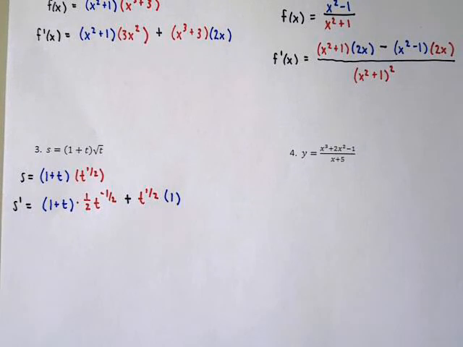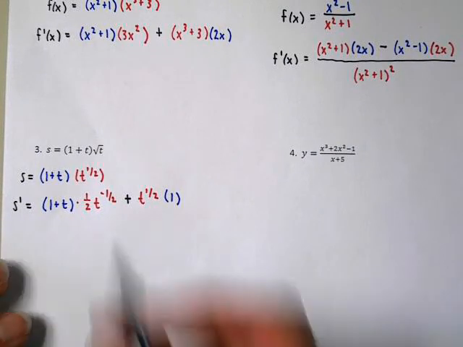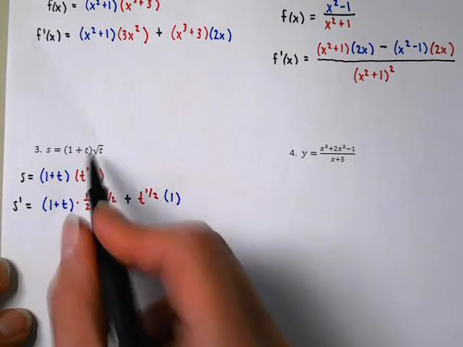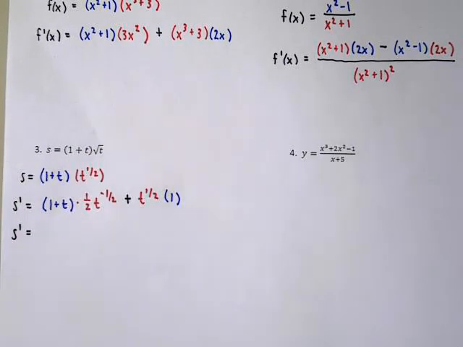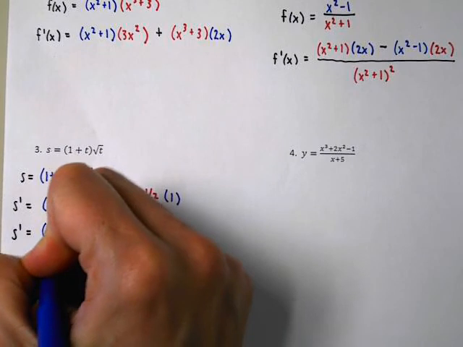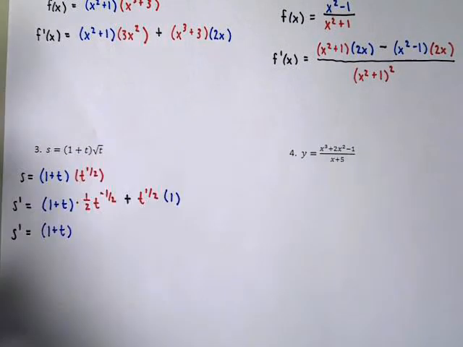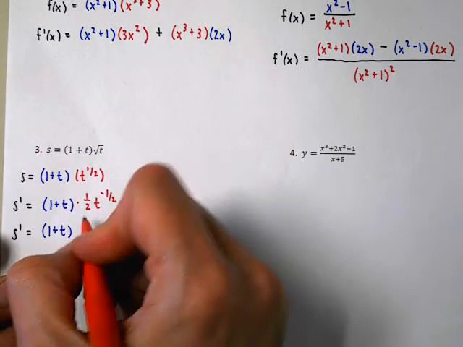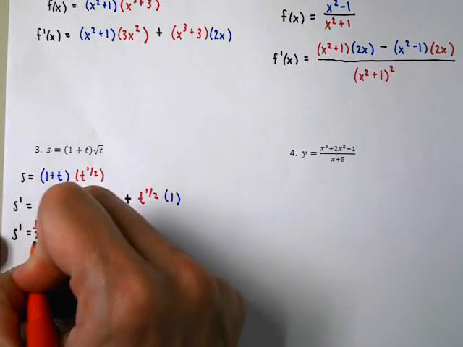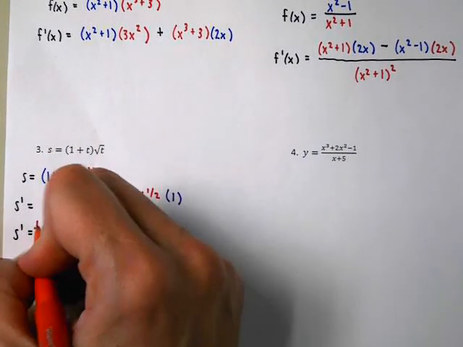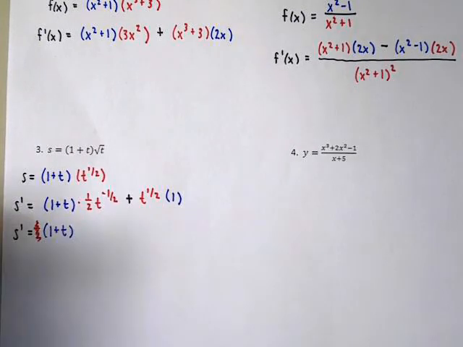Now, I'm not going to concern myself too much with simplifying, but I do want to rewrite these as radicals since that's how the original problem was written. So I have 1 plus t times 1/2 times, oh wait, I messed that up. Hold on a second. So I've got 1 plus t.